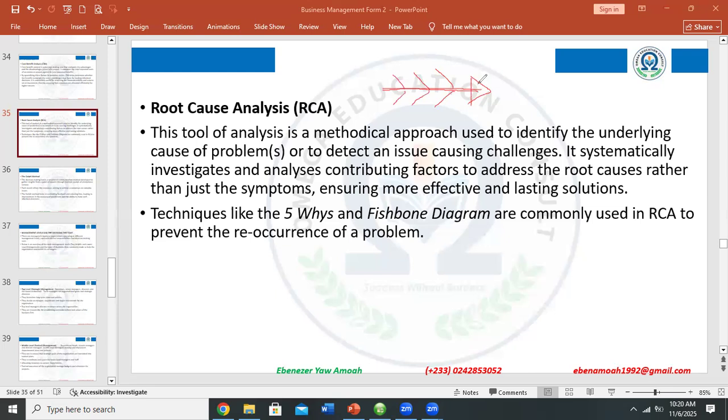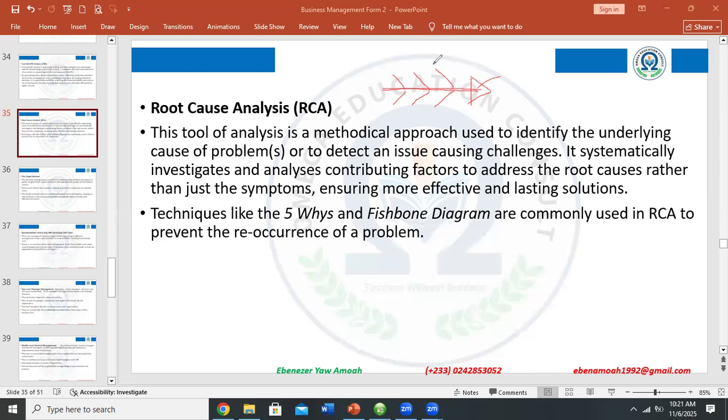So what you do is you put the problem here. The problem is at this end. And then all these lines will indicate a category for which you want to find the cause of this problem. For example, if it is about bad student performance, what are some of the things that could lead to bad student performance?